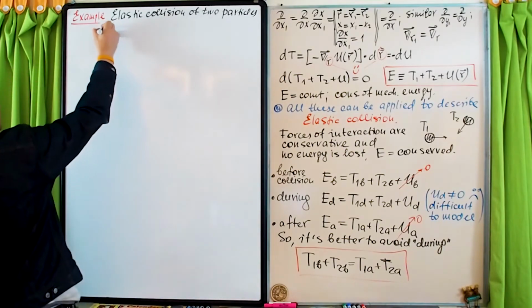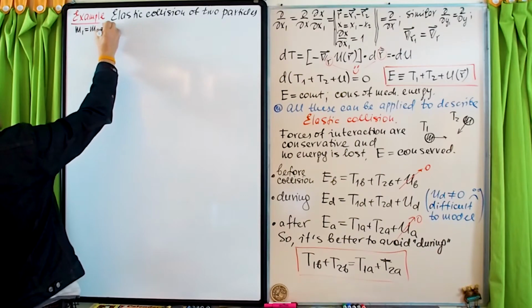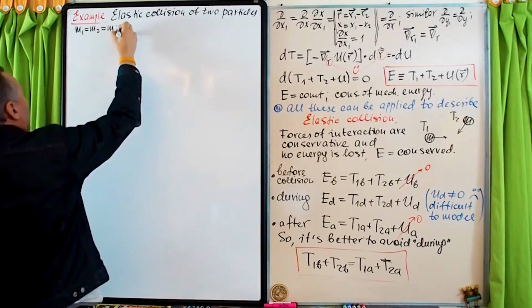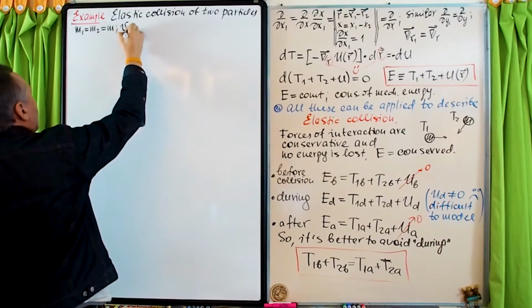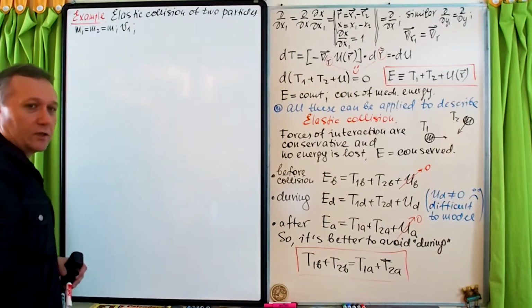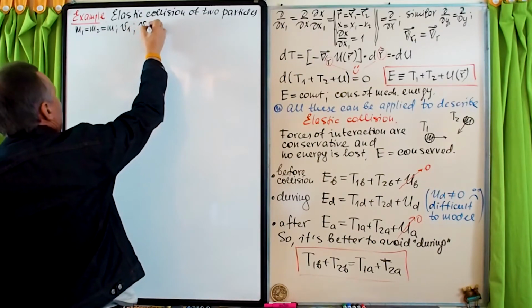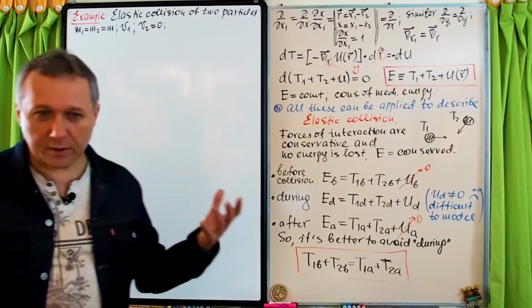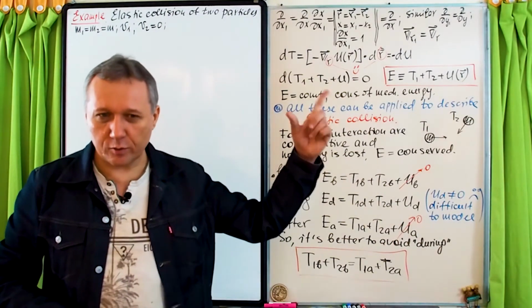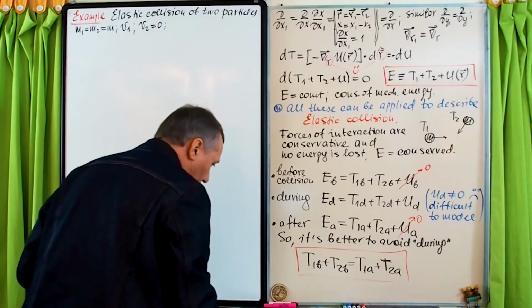Let's assume that for simplicity: M1 equals M2 equals M. V1 is the given initial velocity of the first particle. The initial velocity of the second particle is 0. And velocities after the collision we usually denote using primes, which is very common.